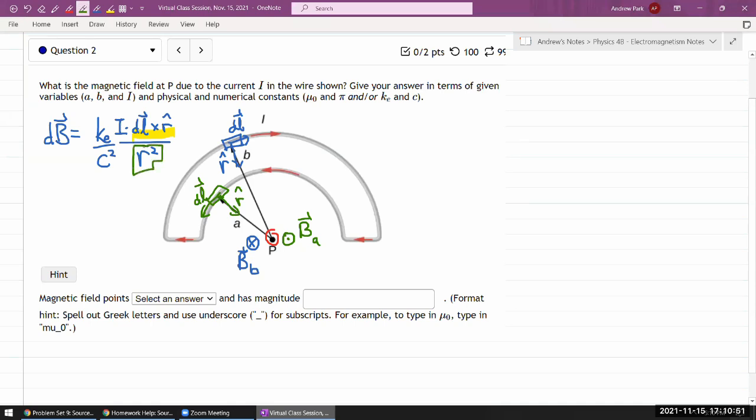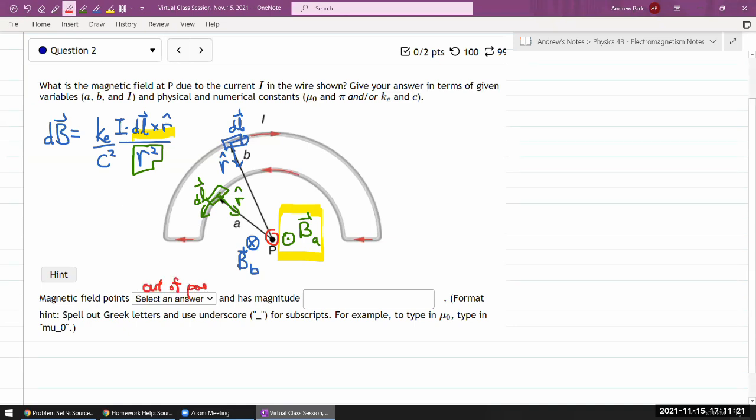The farther away something is, all things being the same, the influence will be weaker. So as these two competing magnetic fields add, the term that will win out is the one coming from the inner loop. So the magnetic field overall will point out of the page.